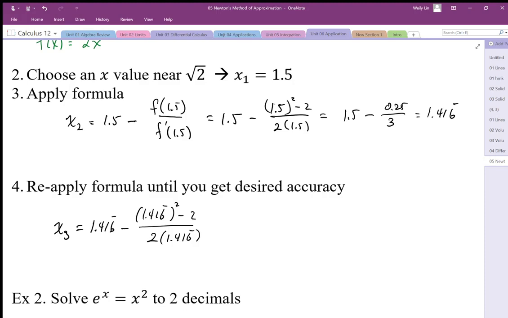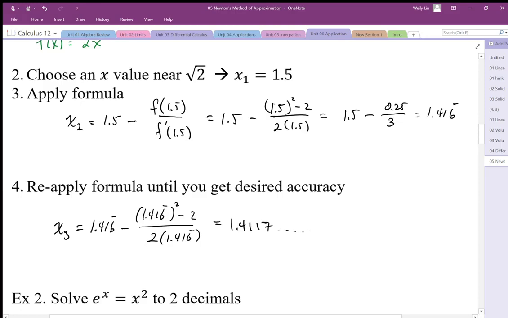Okay, 2 times. So the next iteration works out to be 1.41174, dot dot dot.